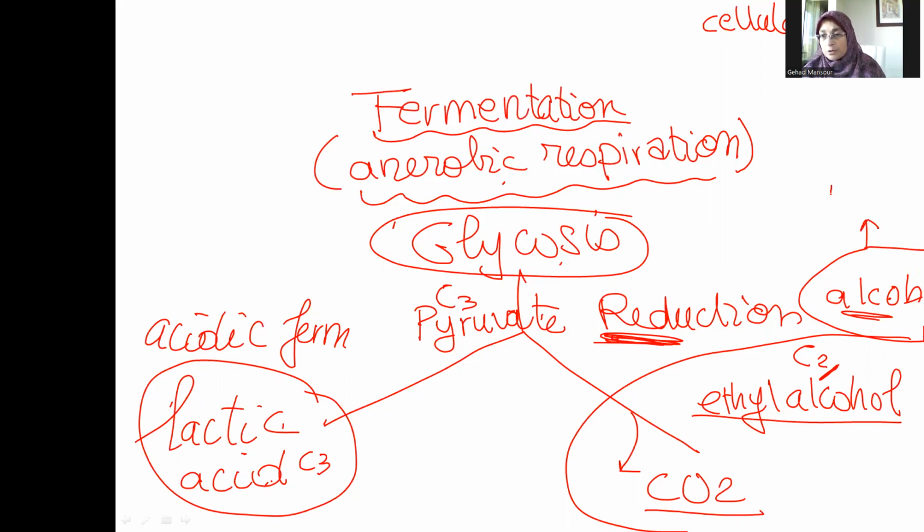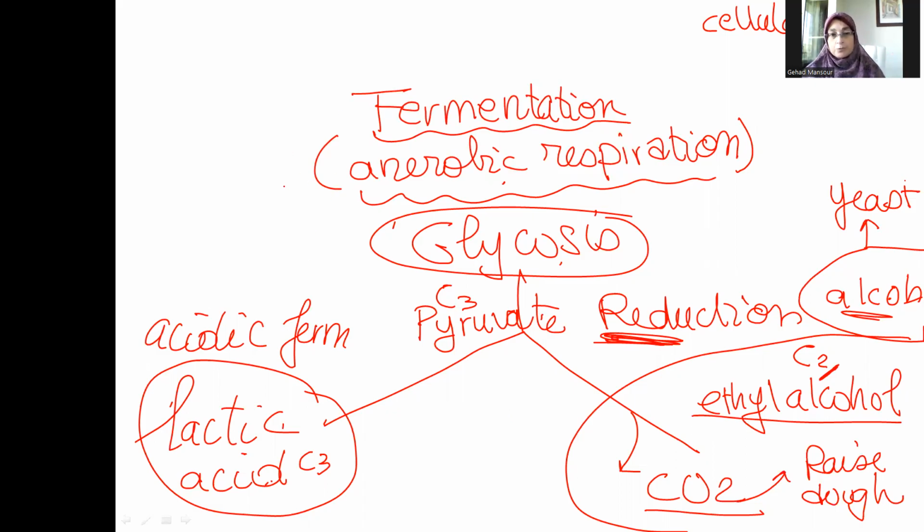Alcoholic fermentation occurs in yeast, as we said in the early sessions, and carbon dioxide is important to raise the dough because of the bubbles that are produced when you put the yeast in the oven at a suitable temperature.